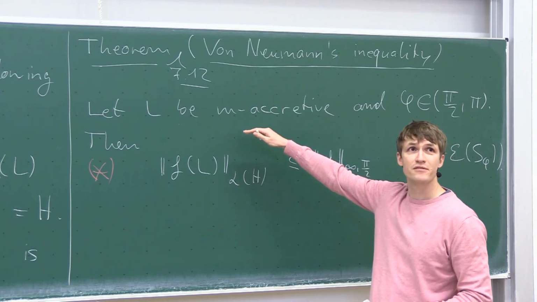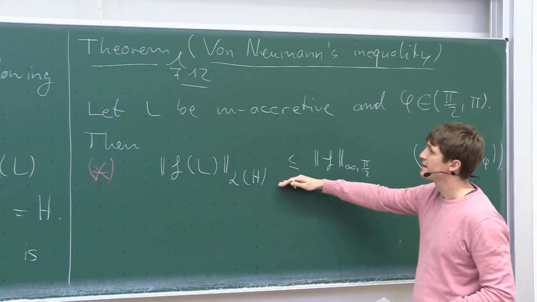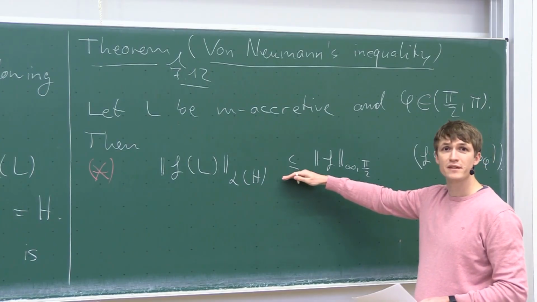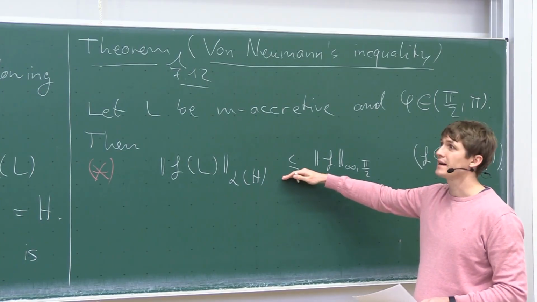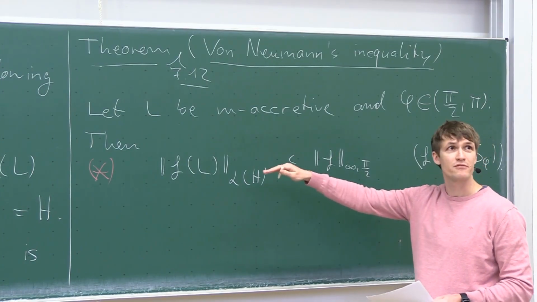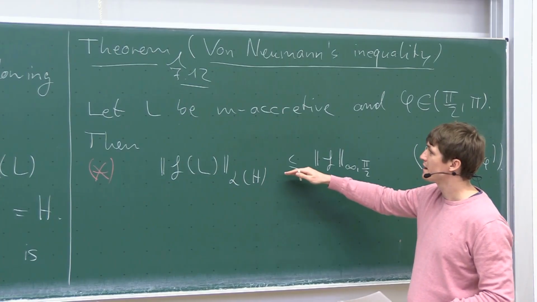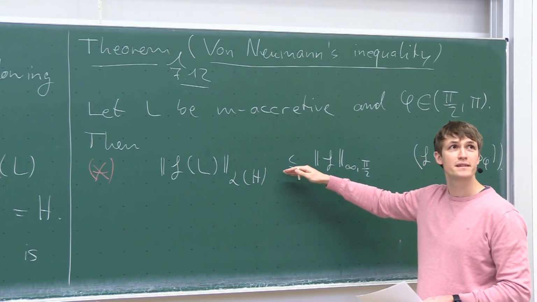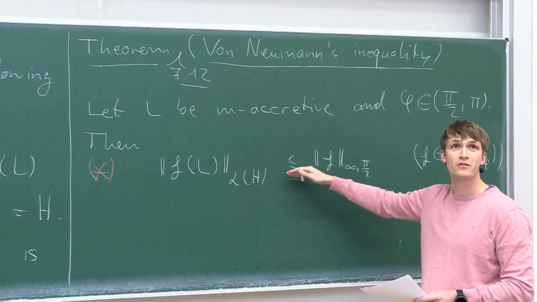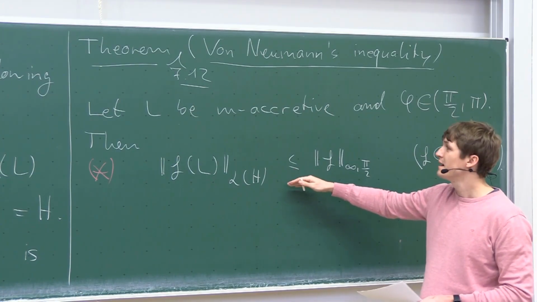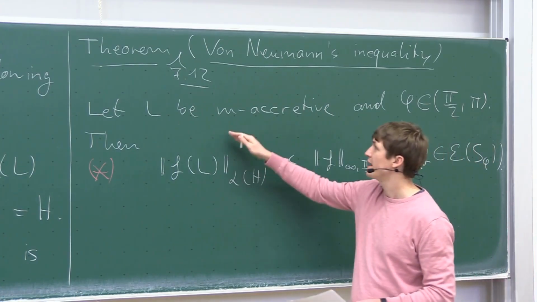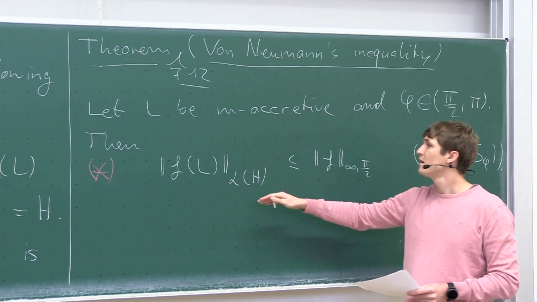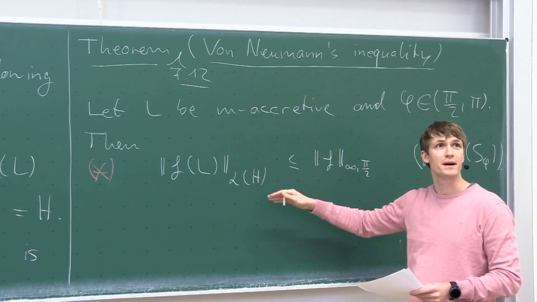If L is an injective operator, then this inequality holds in particular for all H0 infinity functions. And then by Corollary 7.5 from the last time, we can also extend this inequality to the whole class of bounded holomorphic functions. And this means that an injective m-accretive operator always has a bounded H infinity calculus of any angle phi larger than pi over 2.